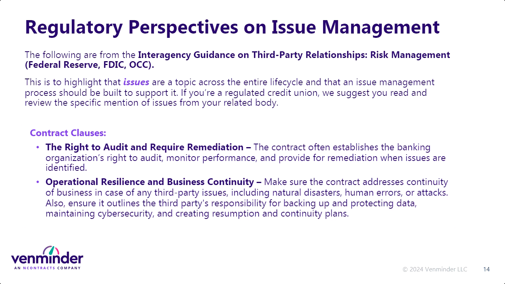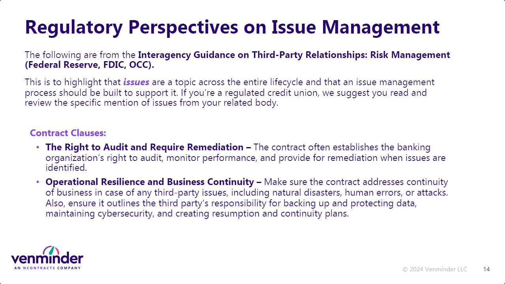So I've mentioned this a few times too, the fact that this is a regulatory expectation. So let's talk about that a little bit more. The thoughts we're going to talk about are from the Interagency Guidance on Third-Party Relationships Risk Management. This is the Federal Reserve, FDIC, and OCC combined guidance.